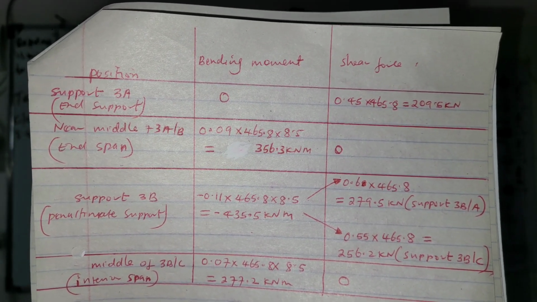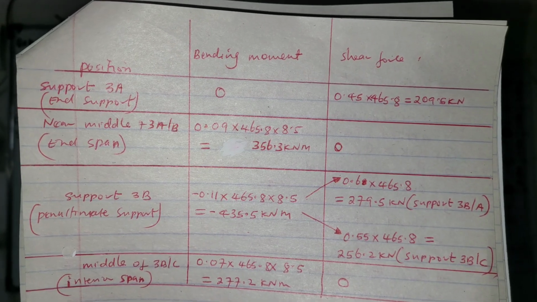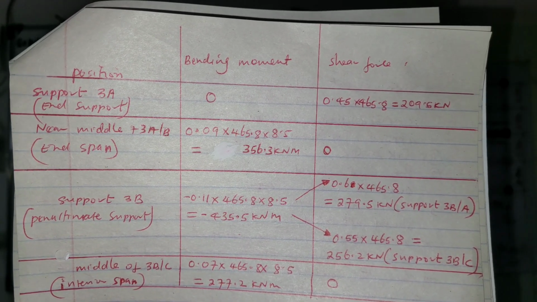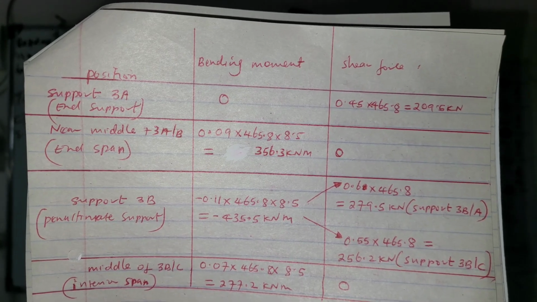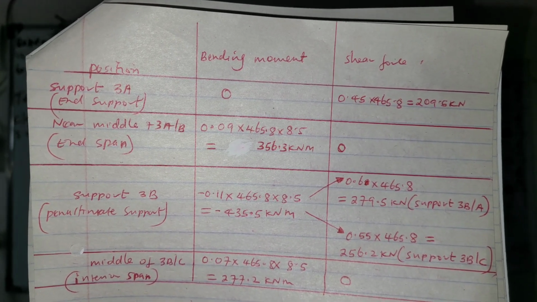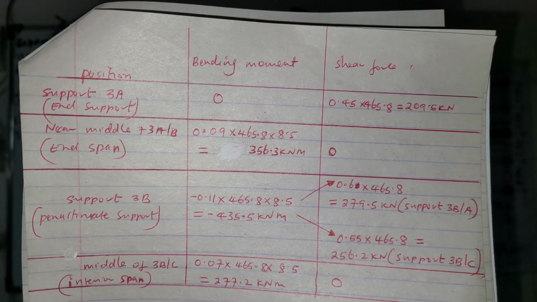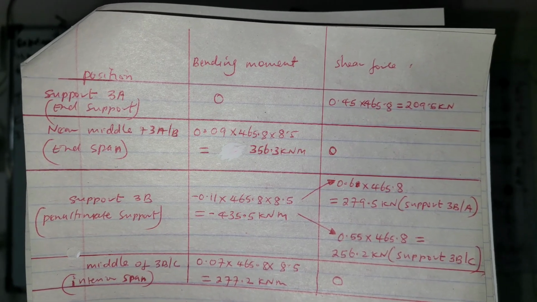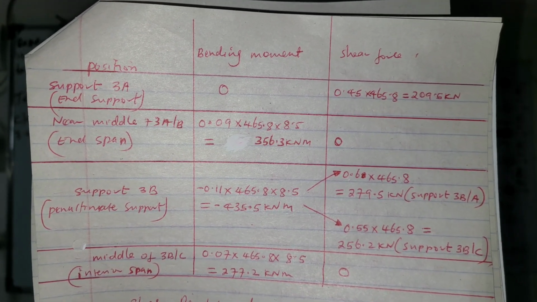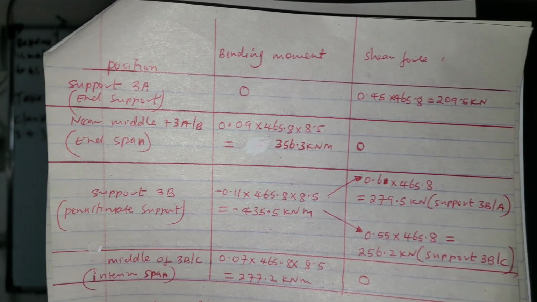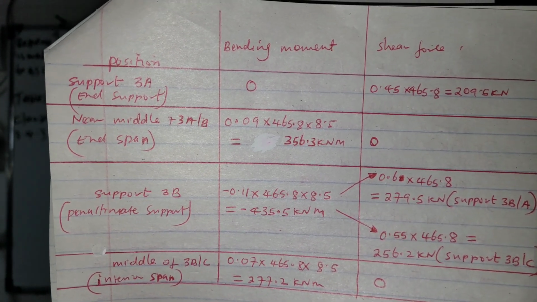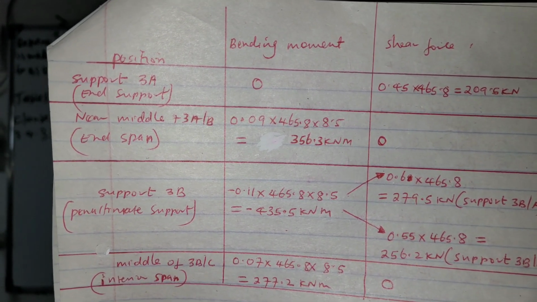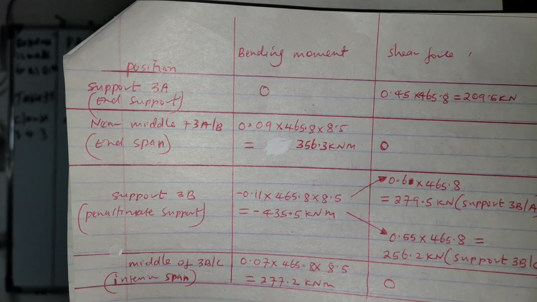So for support 3A, and 3A is the same as 3D, those are the end support. The bending moment for support 3A and 3D, which is the same, is 0. And then the shear force is this one. If you check in the previous question, you will see this information.